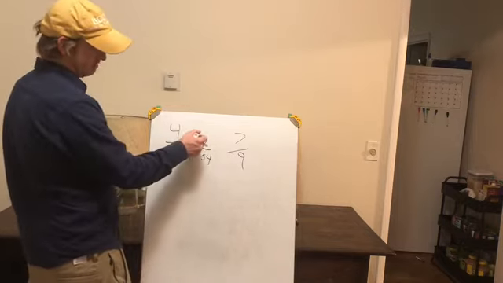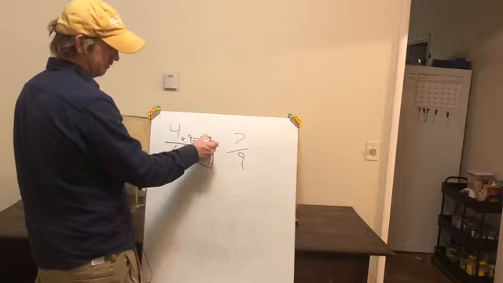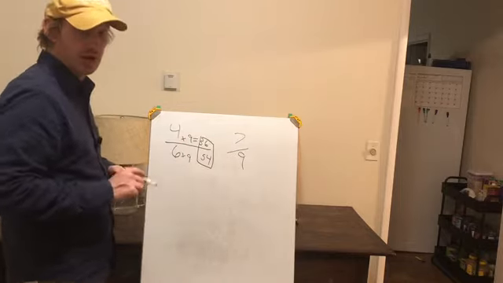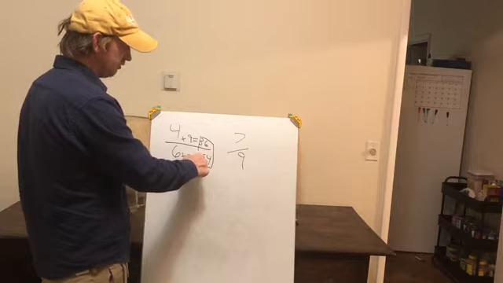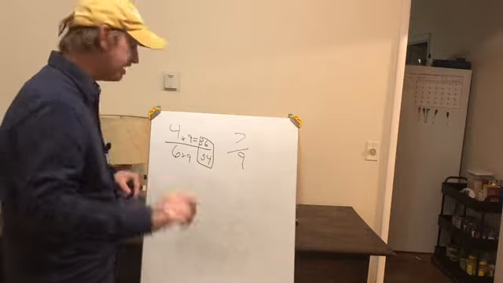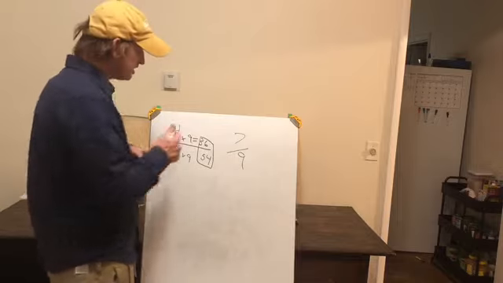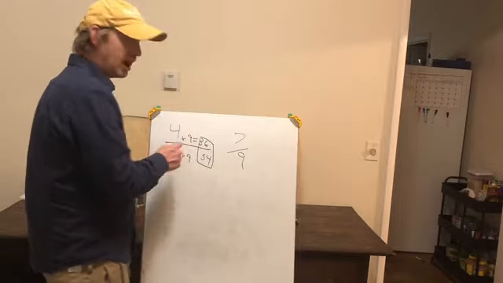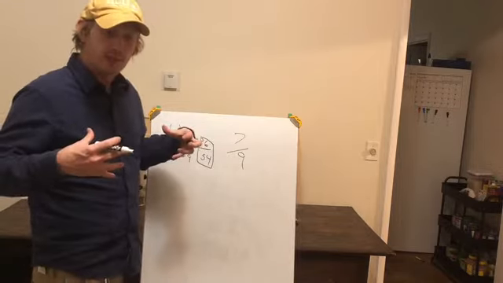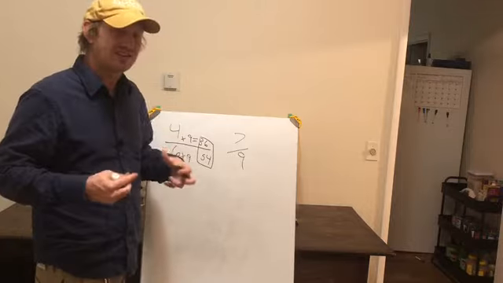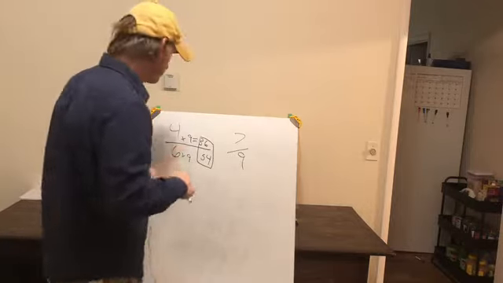So now I have 36/54ths. And remember, 36/54ths is the same thing as 4/6. We're just making the numerator and the denominator larger, but the fractions are equivalent. They're equal to each other.